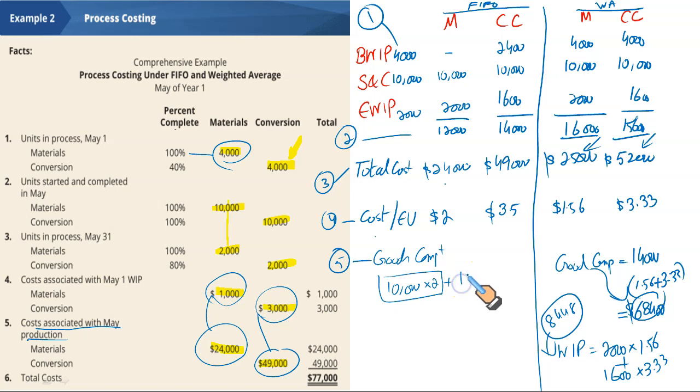So it was not that we ignored the previous period cost under FIFO. In weighted average, the previous period cost is already included in the total cost. But in the FIFO method, we add the previous cost separately and then the goods are transferred out to the next department. So this is the material cost that was already included in the beginning work in process. Now it's being considered here under FIFO, and it is right here under the weighted average method.